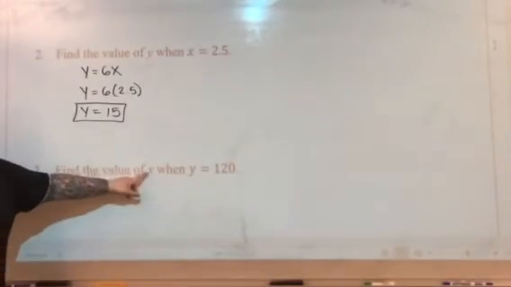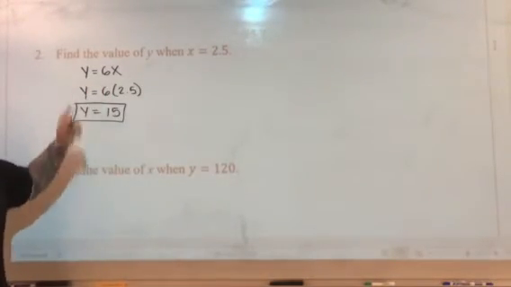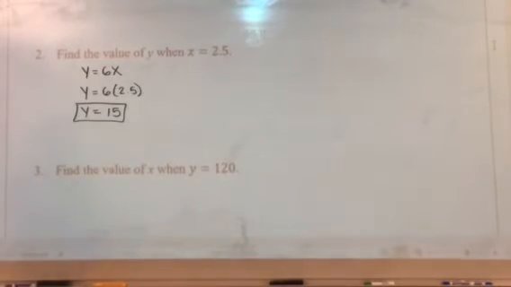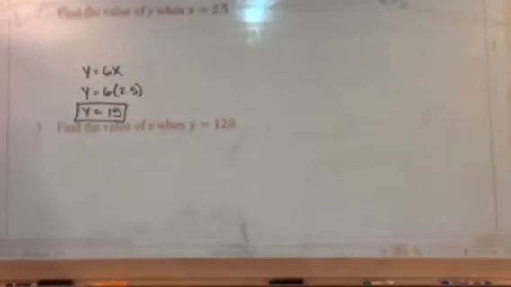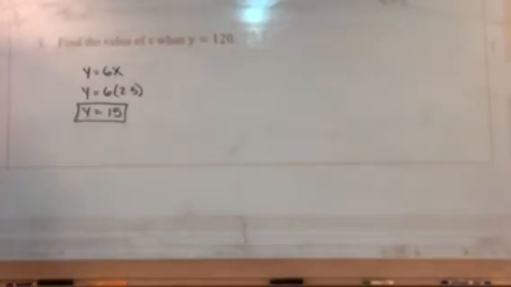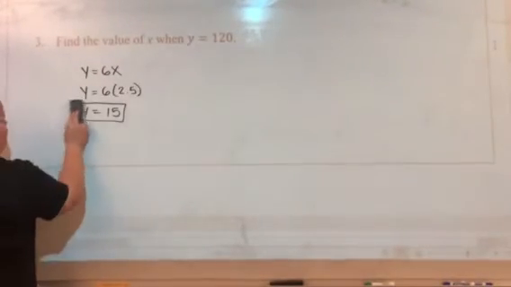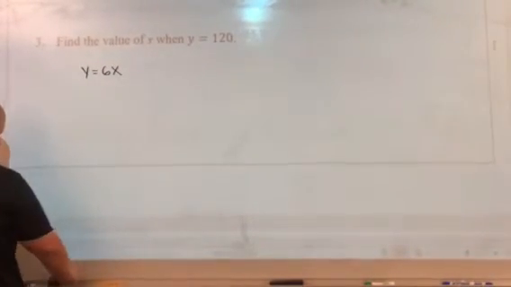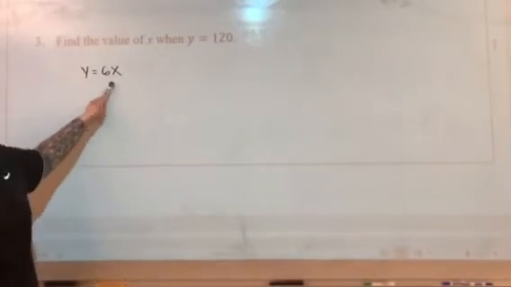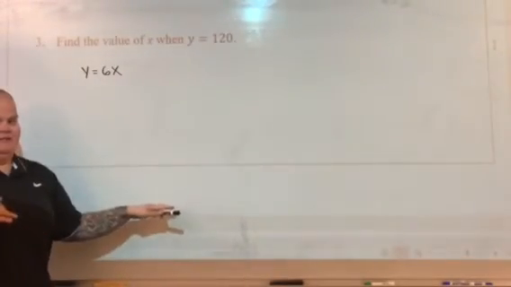Next, we're going to look at trying to find the value of x, which is kind of opposite from finding the value of y. Again, we're still using the formula from the first example because we found the value for k, and we're still underneath that same set of directions.